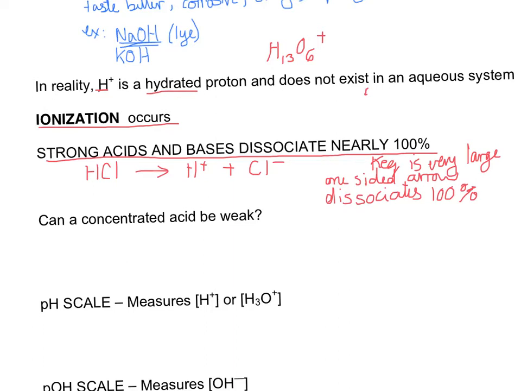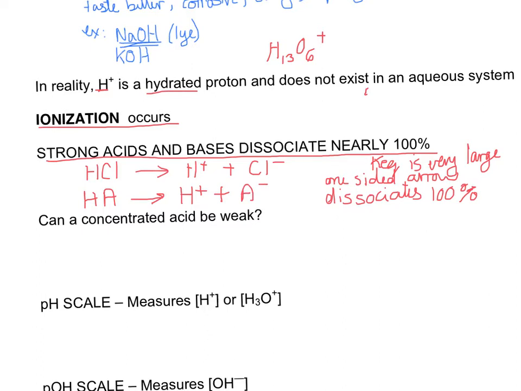It only goes to the right side, so it goes to H plus and Cl minus, all of it. No HCl molecules are left. So this is for HCl. If we're writing the formula for a generic acid, you'd write HA, one arrow, 100% going to H plus, and whatever your anion is, we're representing it with A minus.